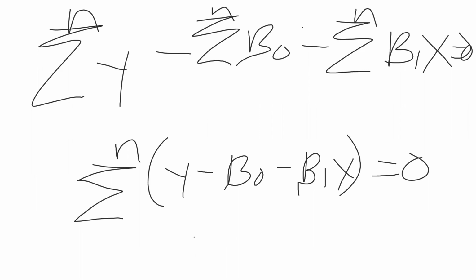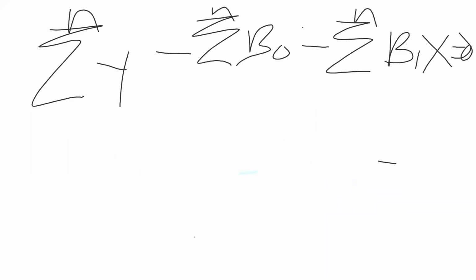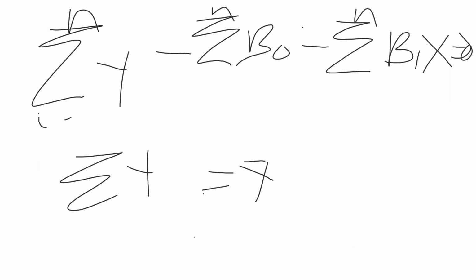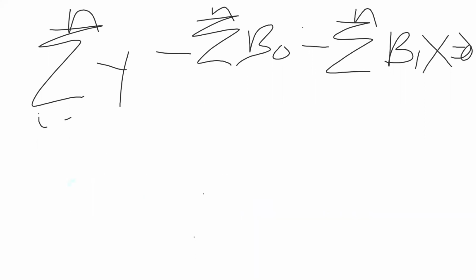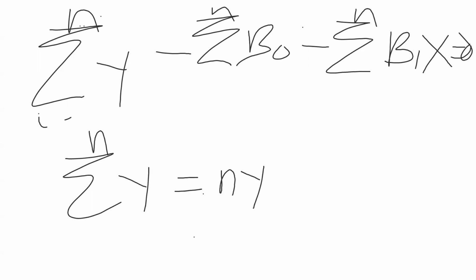But what you have to learn from here, you understand that the summation of y variables divided by n is equal to the mean, y bar. Since you are summing up, the summation of n y shall be equal to n y bar.